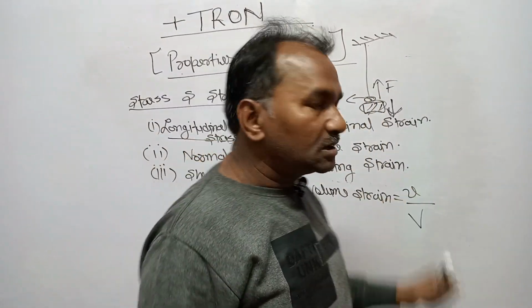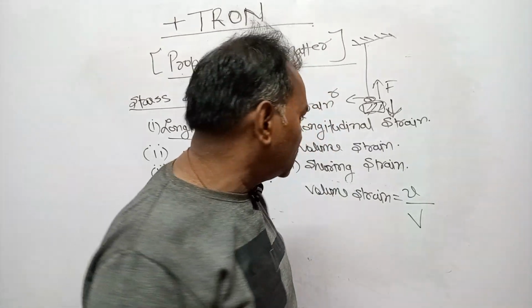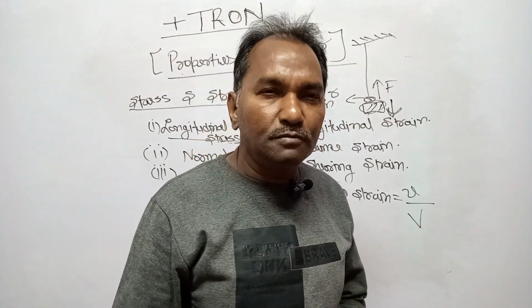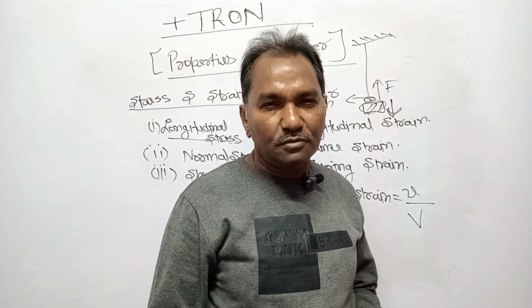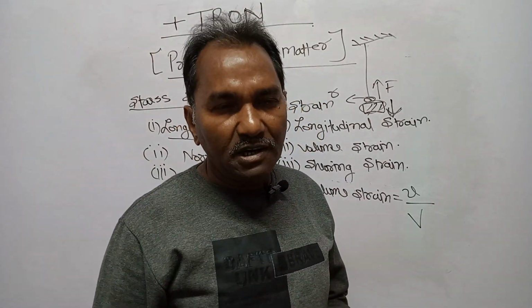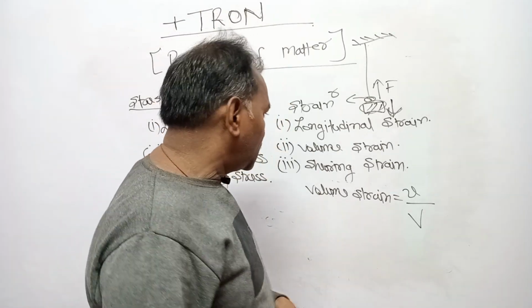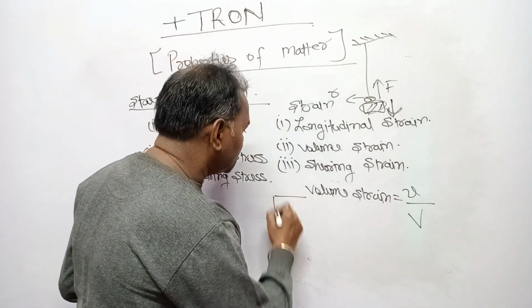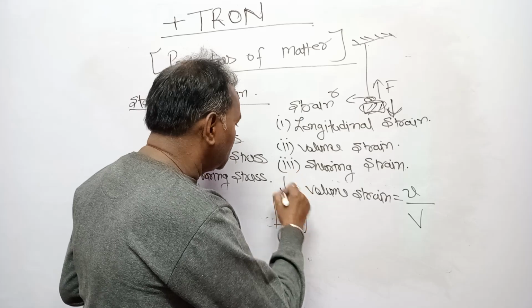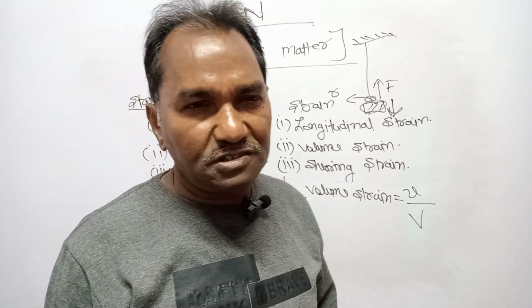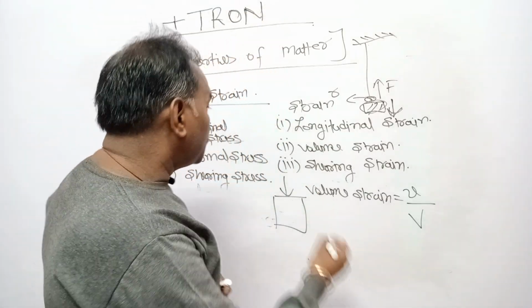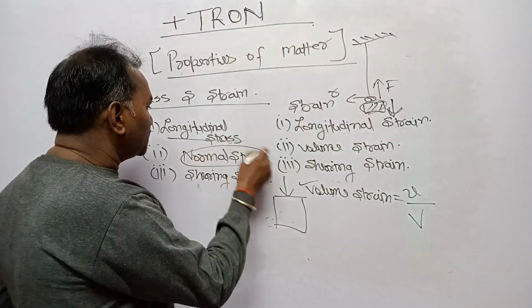That is said to be the volume strain. Like this is a body and a very heavy pressure of force is applied, and volume strain is caused by normal stress.